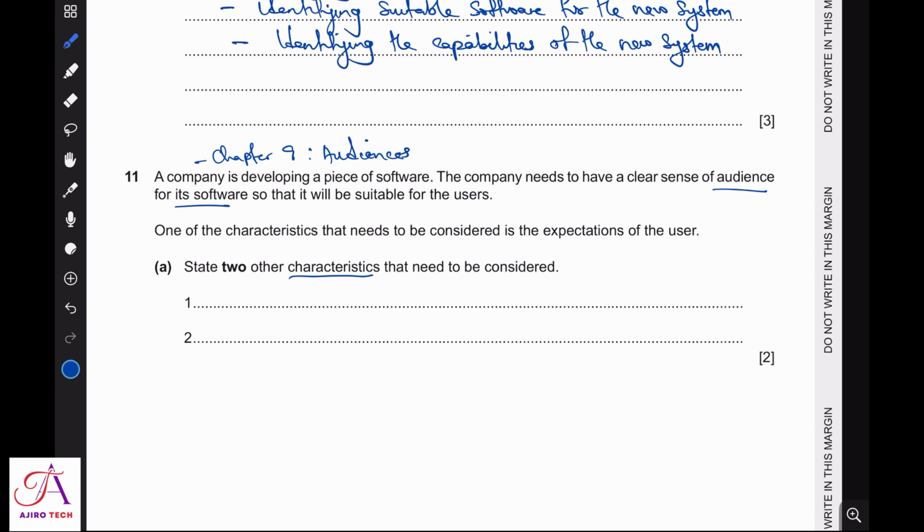Now we have various characteristics of it. So essentially, when we talk about the audience, we have how we are giving presentations to an audience.